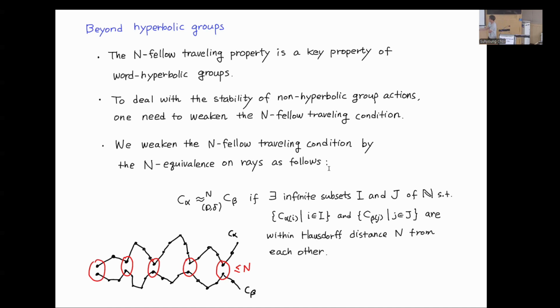They might go around like this. These two rays may not be bounded by some uniform distance, but here you can find infinitely many points which are within Hausdorff distance N from each other. So we first define the N equivalence on rays, because this condition is enough to prove the well-definedness of phi as before.